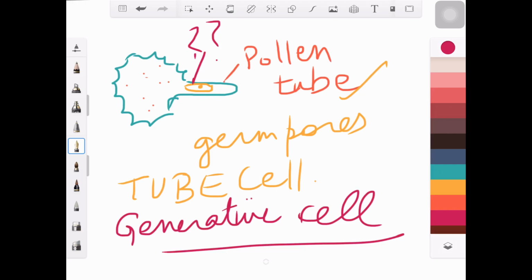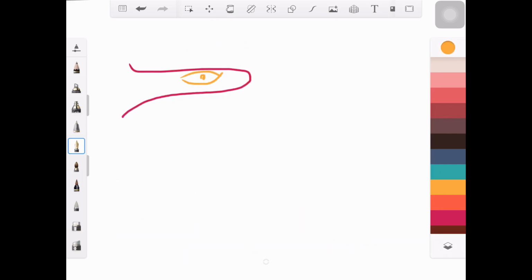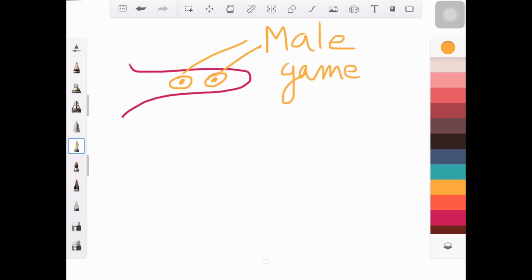Generative cell, which I have drawn in yellow, divides into two cells. These two are now referred to as the male gametes, two male gametes produced by the generative cell by mitosis, by division.